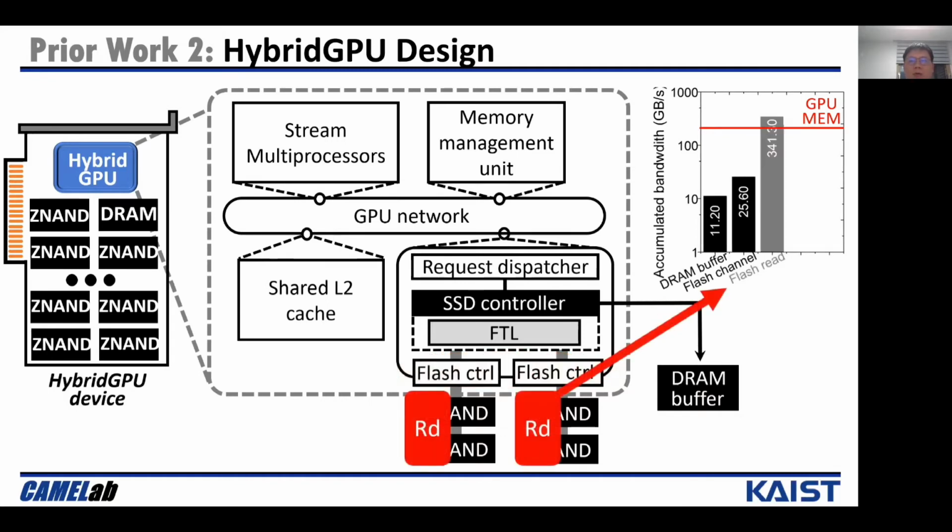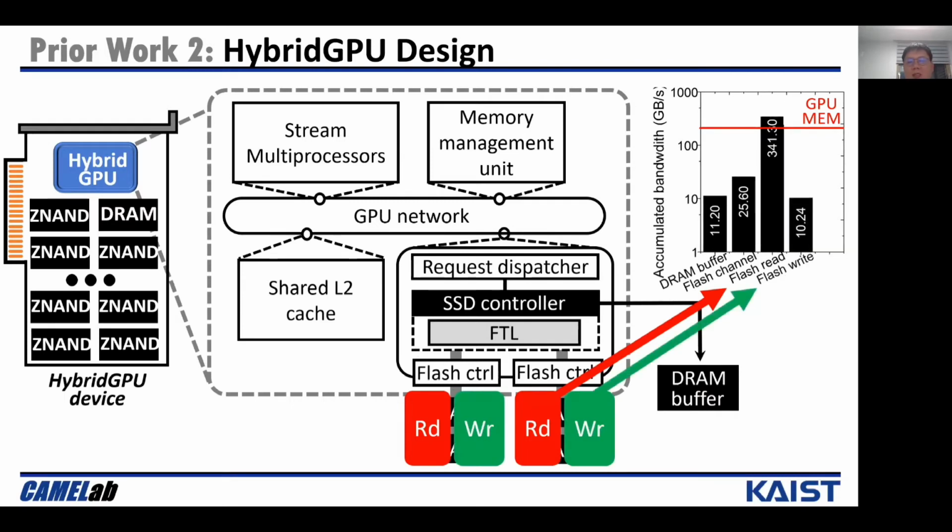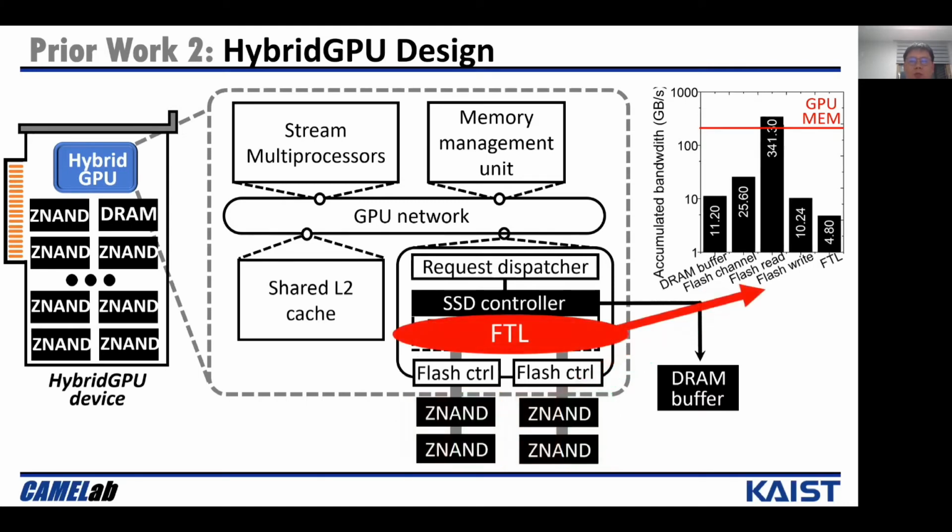Interestingly, if we can fully parallelize the requests across different ZNAND packages, the ZNAND read bandwidth can be as high as 340 GB per second, which far exceeds the performance of the DRAM buffer. Due to the long ZNAND write latency, the ZNAND write bandwidth is as low as 10 GB/s. The SSD controller usually employs 1, 2, or 3 low-power cores to perform the address translation, so it can only process 4.8 GB of data per second.